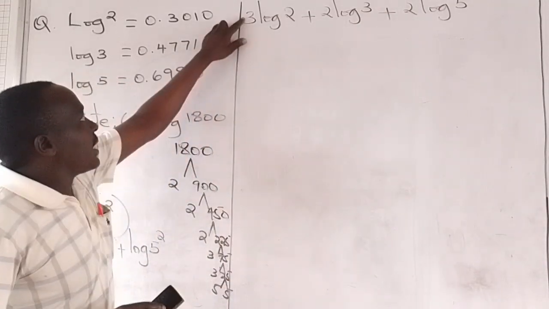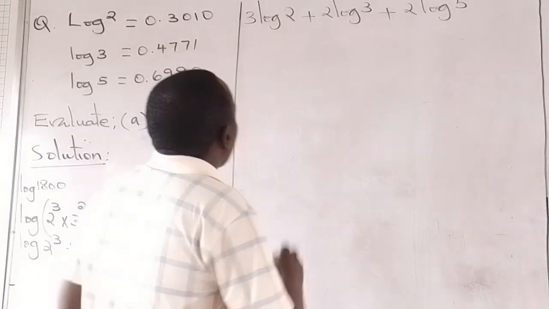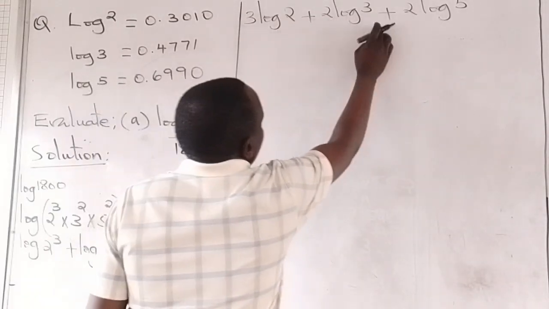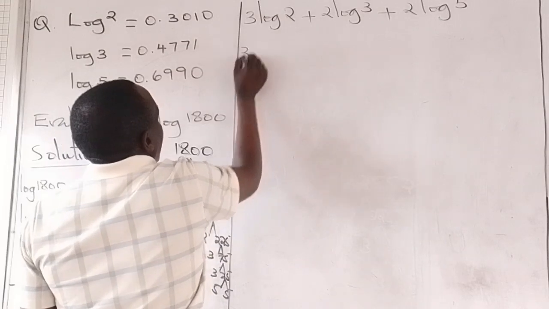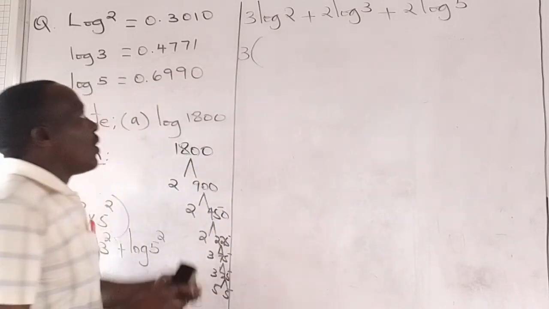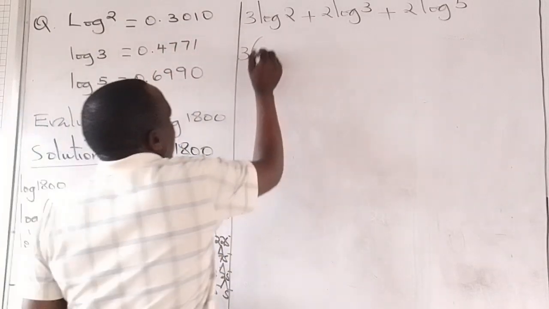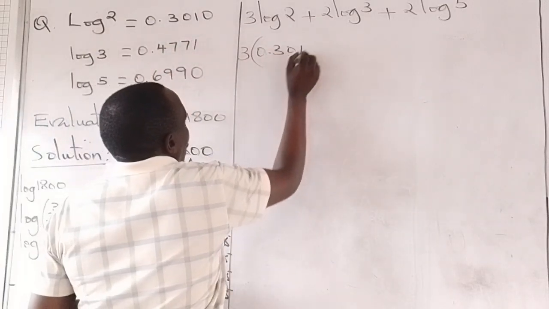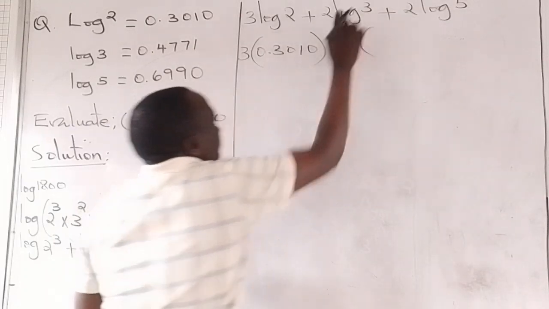After writing like this, we know the log of 2, the log of 3, and the log of 5. So we are going to substitute for log 2, log 3, and log 5. This one is 3 multiplied by the log of 2. The log of 2 is given here. It is 0.3010 plus 2 multiplied by the log of 3.